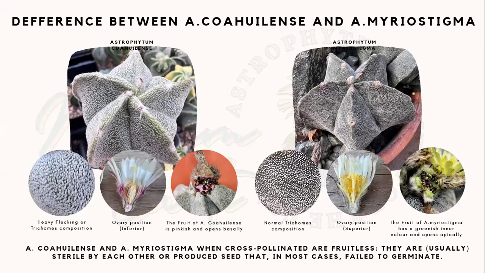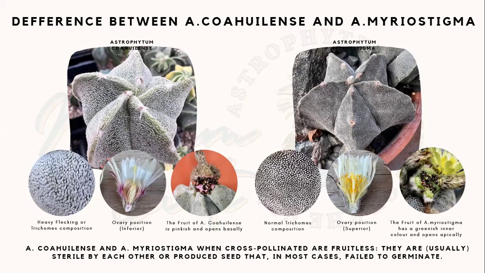So let's talk about the trichomes. The trichomes of coahuilense are very heavy and dense, and you can see that they're kind of embossed, while myriostigma is flat and sporadic. You can see it has better spacing between its trichomes compared to this one.